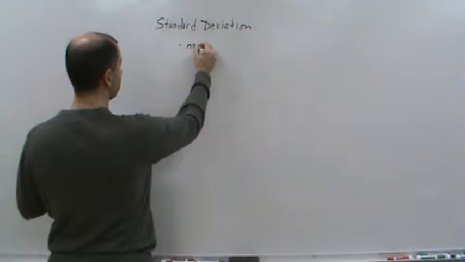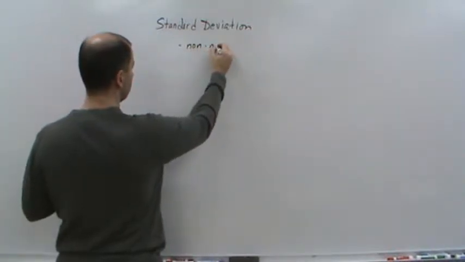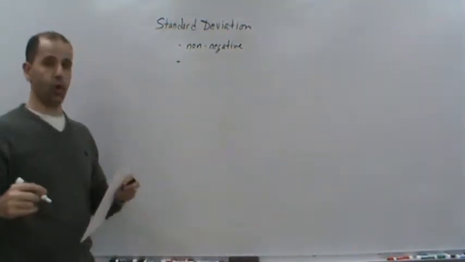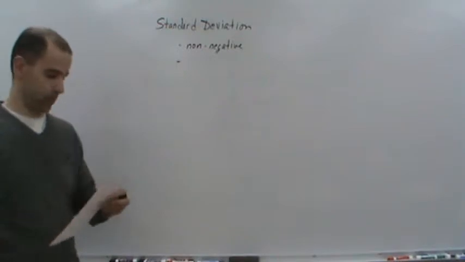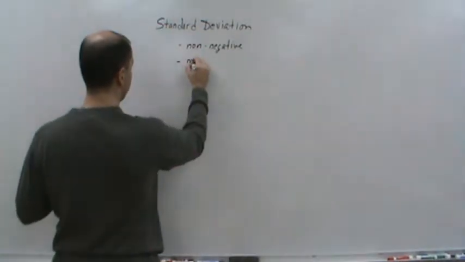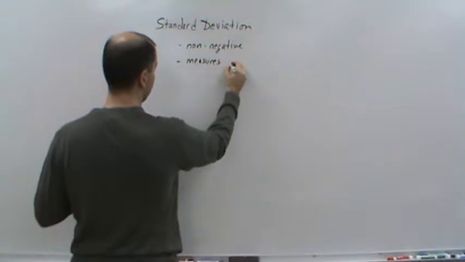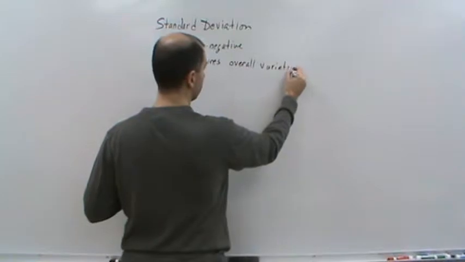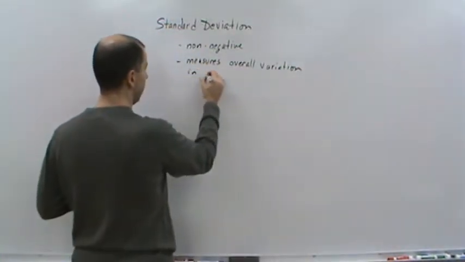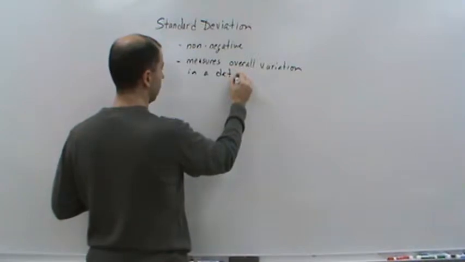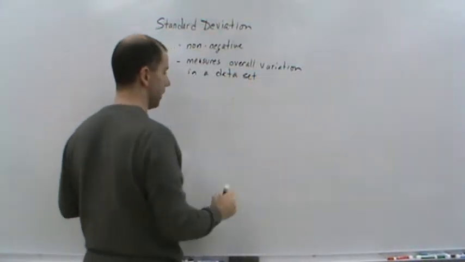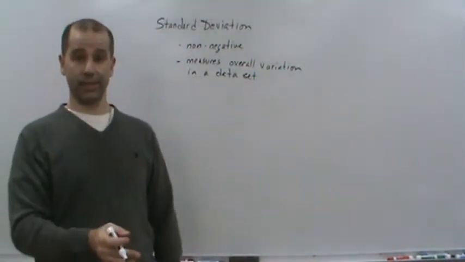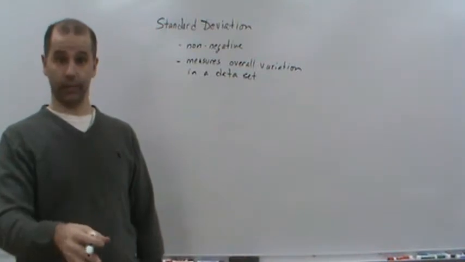Here are the characteristics. It's non-negative. It measures overall variation in a sample, or in a data set. And it tells you how far a value is relative to the center, the middle, the mean specifically.